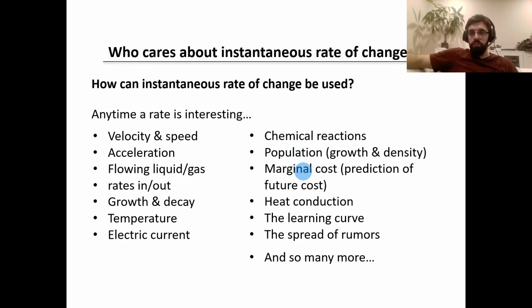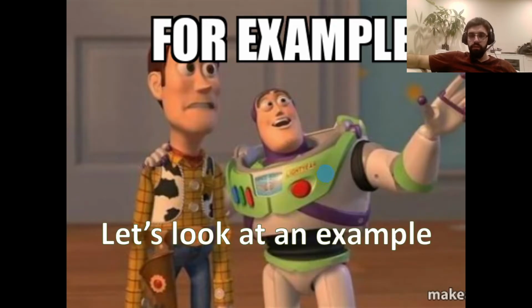Or with marginal cost, if you produce 500 things and you know the instantaneous rate of change at that 500th thing, then you can predict the incremental cost of that 501st thing. So instantaneous rate of change can help predict the future in some sense. It tells us if a value is going up or down and by how much. So many ways it applies.